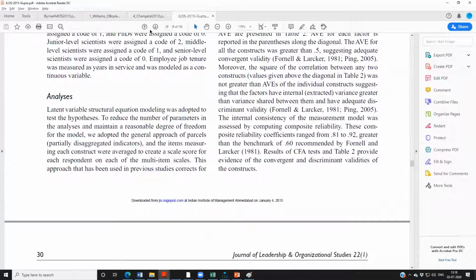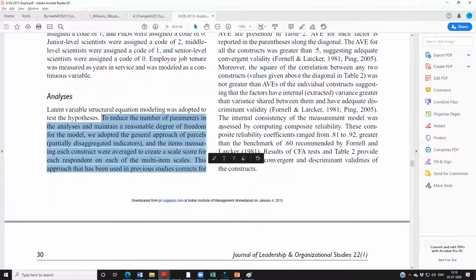If you look at the analysis, and I'm highlighting that, to reduce the number of parameters in analysis and maintain a reasonable degree of freedom for the model, we adopted the general approach of parcels, partially disaggregated indicators. I have just shown you what it means. It means that you aggregate only dimension-wise, and the items measuring each construct were averaged to create a scale score for each respondent on each of the multi-item scales.